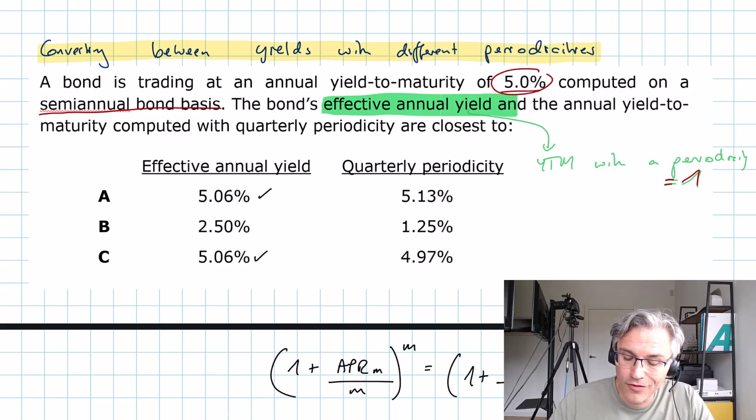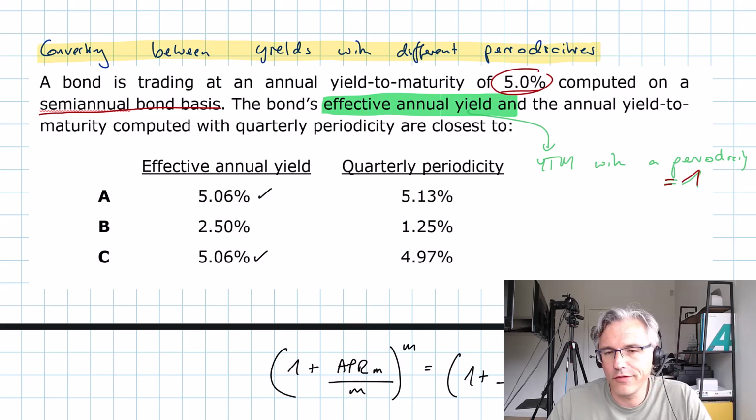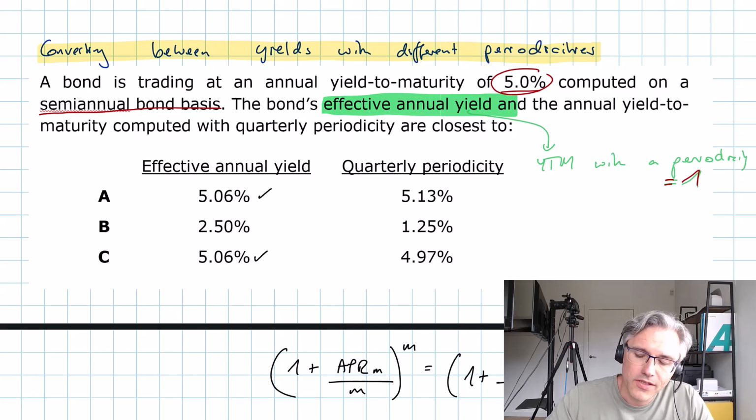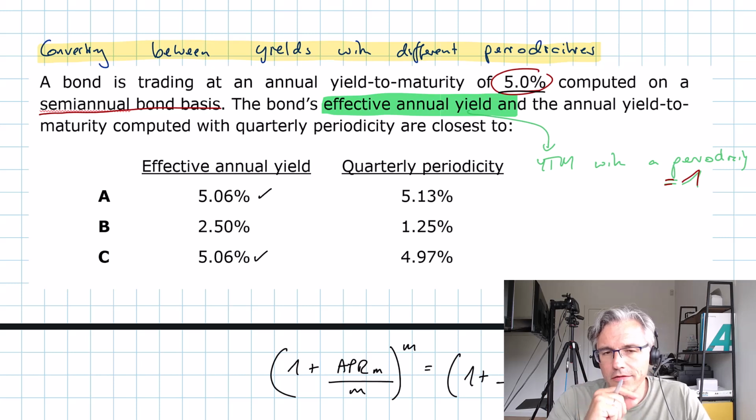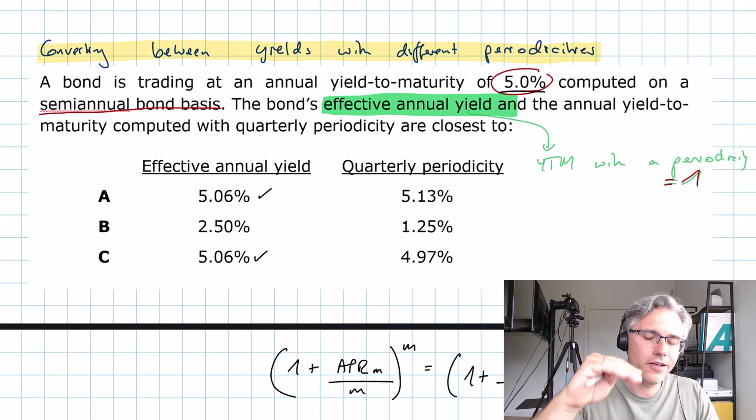It's either A or C. Now, we could have known it's 5.06, because it couldn't have been 2.5. How do I know it? Because if you've got a yield to maturity computed with a periodicity of 2 that equals 5, to get the same result but with less frequent compounding, you need a higher YTM.